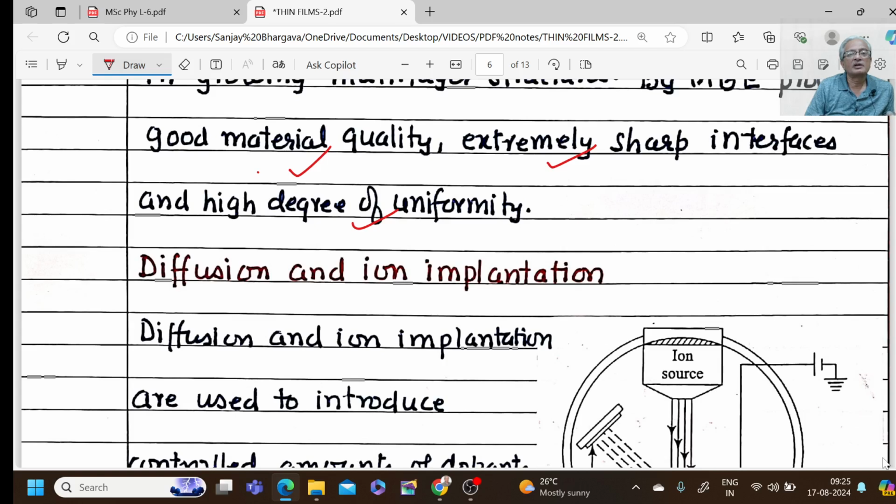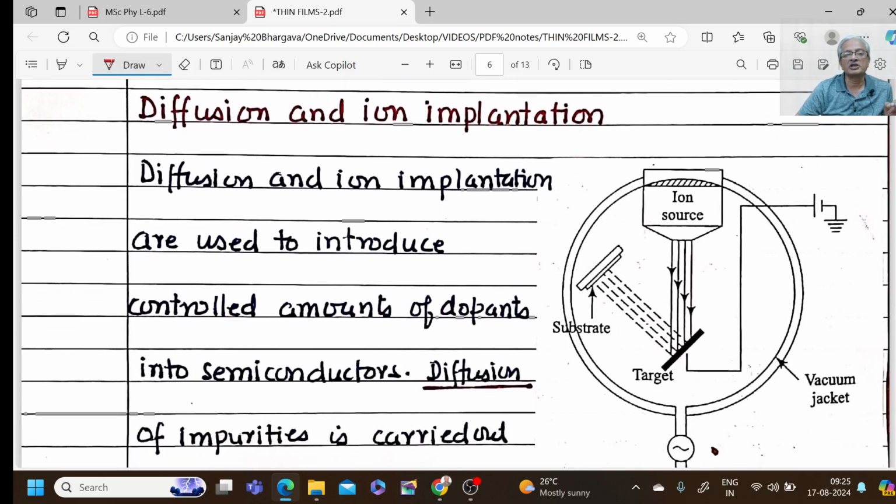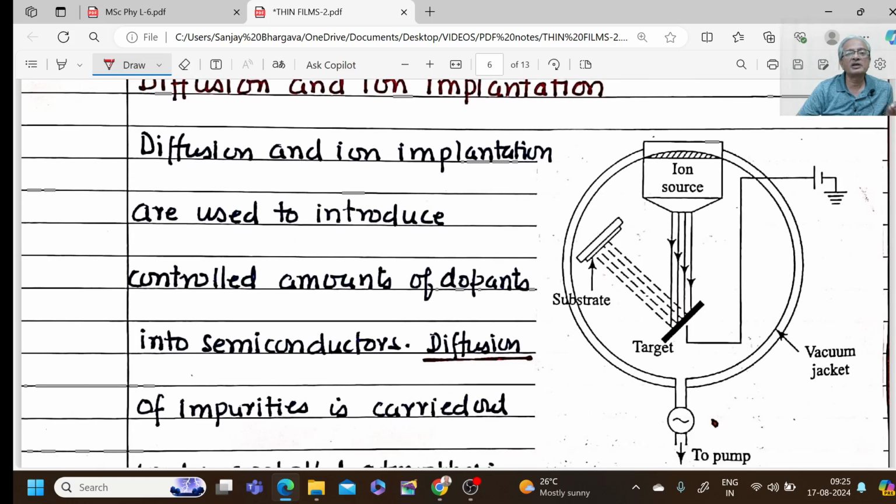Then we have the second part, deposition through diffusion and ion implantation. Diffusion and ion implantation are used to introduce a controlled amount of dopants in the semiconductors.